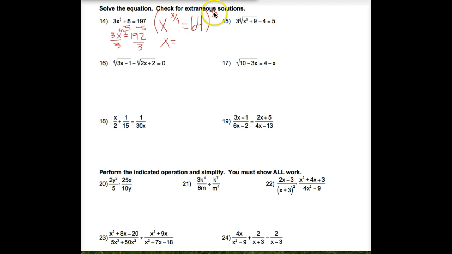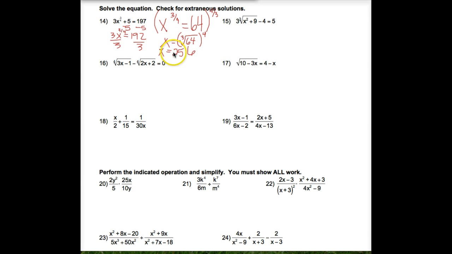64 to the 4/3. If you had this on number 1, you would rewrite it cube root of 64 to the 4th. So cube root of 64 is 4, and then 4 raised to the 4th power gives you 256. So x equals 256.